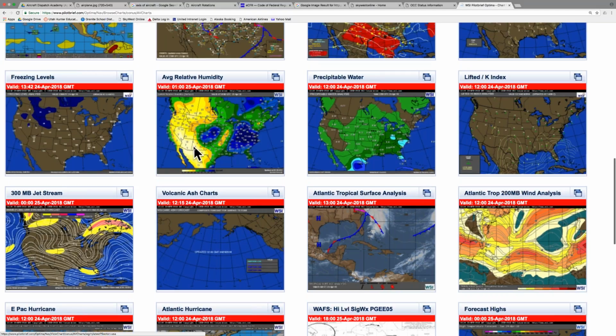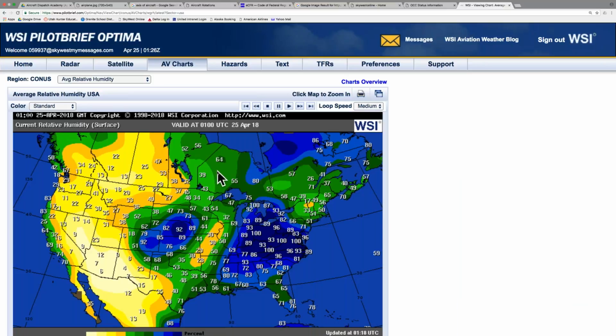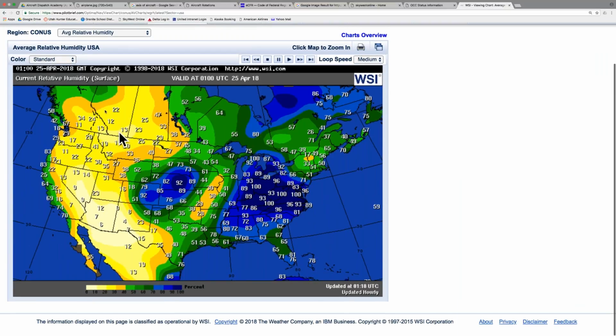We can see temperatures and humidity. This is all humidity right here, areas of high humidity and low humidity. Utah always looks like this, nice and yellow. 23% humidity down in St. George, you get all chapped down there.